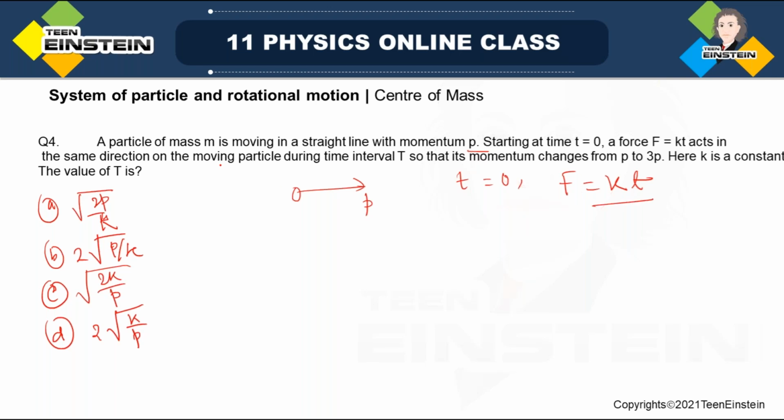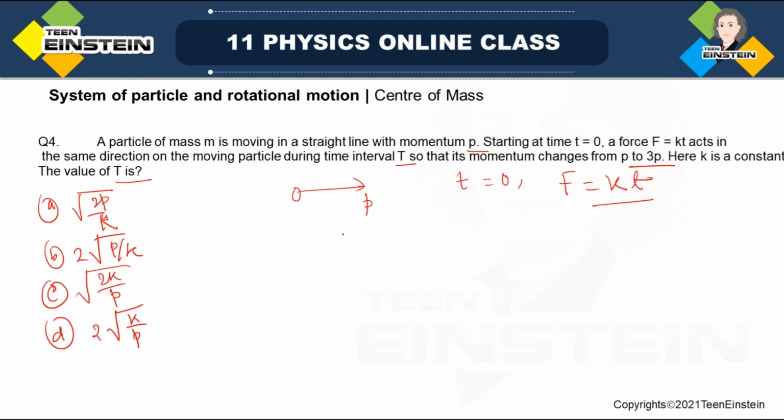So if there is a force acting on a particle, there will be change in the momentum, that is for sure. During the time interval capital T, the momentum changes from p to 3p. So the momentum change is 3p minus p, that is 2p. Here k is the constant, you have to find out the value of T.